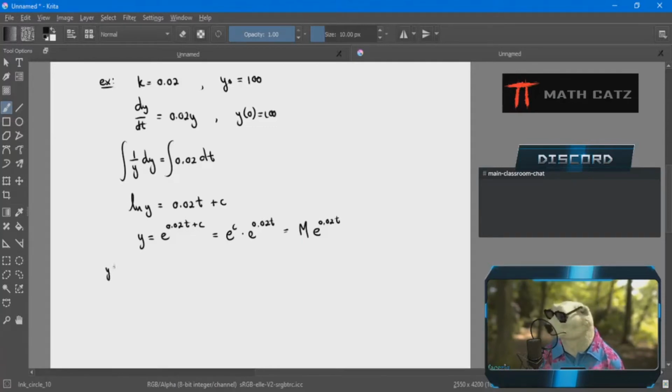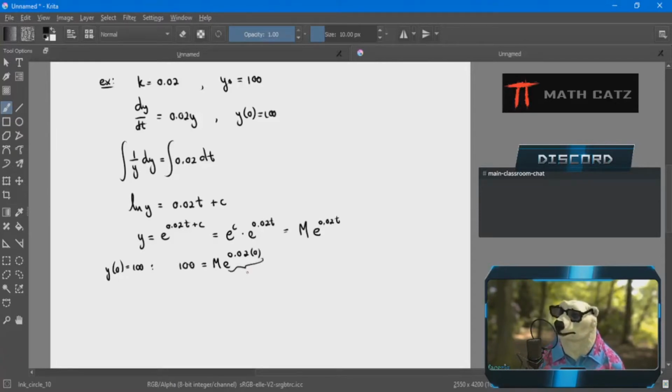Then I can use the fact that at time 0, I have 100 individuals. So when y is 100, time t is 0.